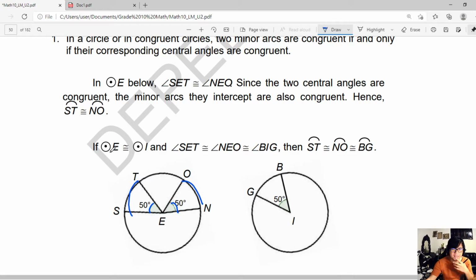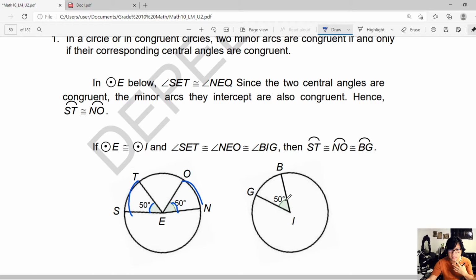Next one, if circle E is congruent to circle I, and angle SET is congruent to NEO, and also congruent to angle BIG, then arc ST is congruent to NO, and also congruent to BG.